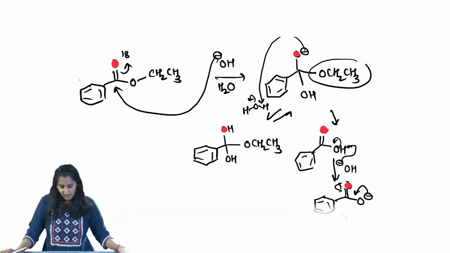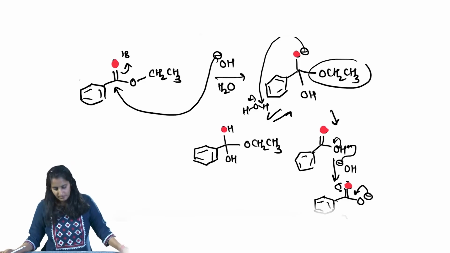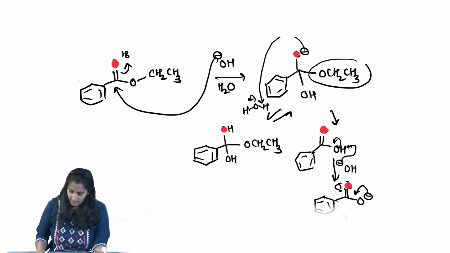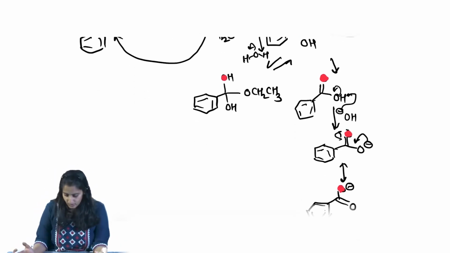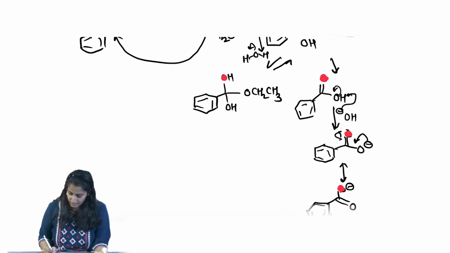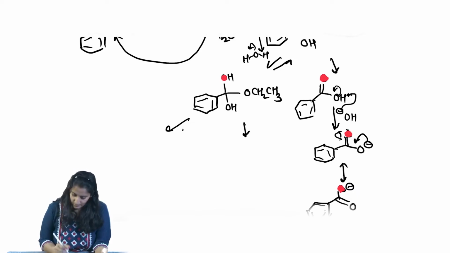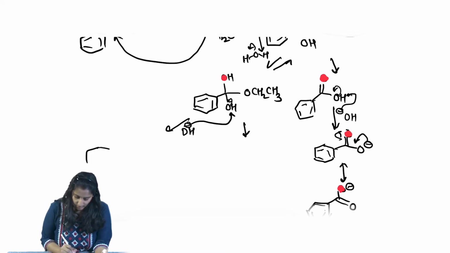Okay. Now, what else can happen? This particular molecule can again undergo different fates. One of them is that a hydroxide comes in and grabs a proton from here, really creating this tetrahedral intermediate.